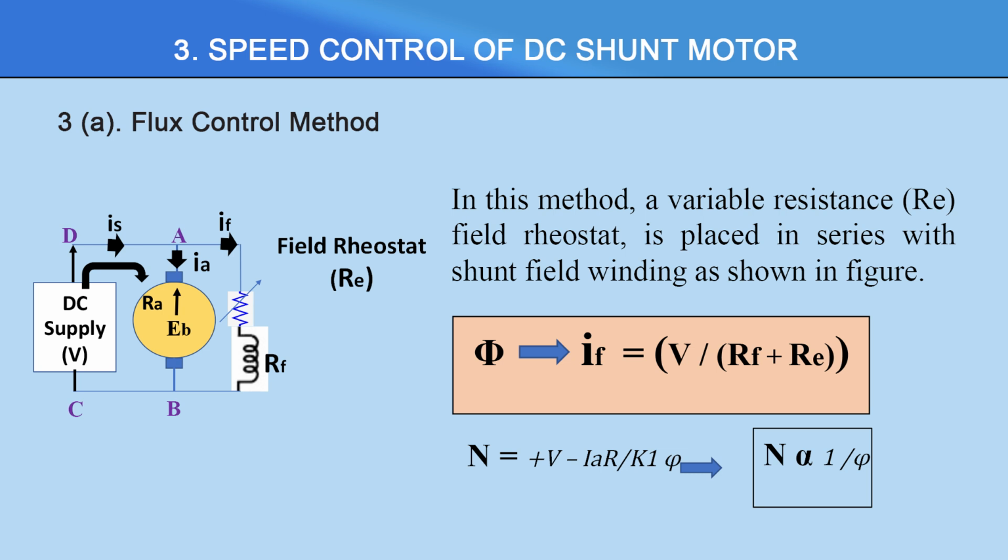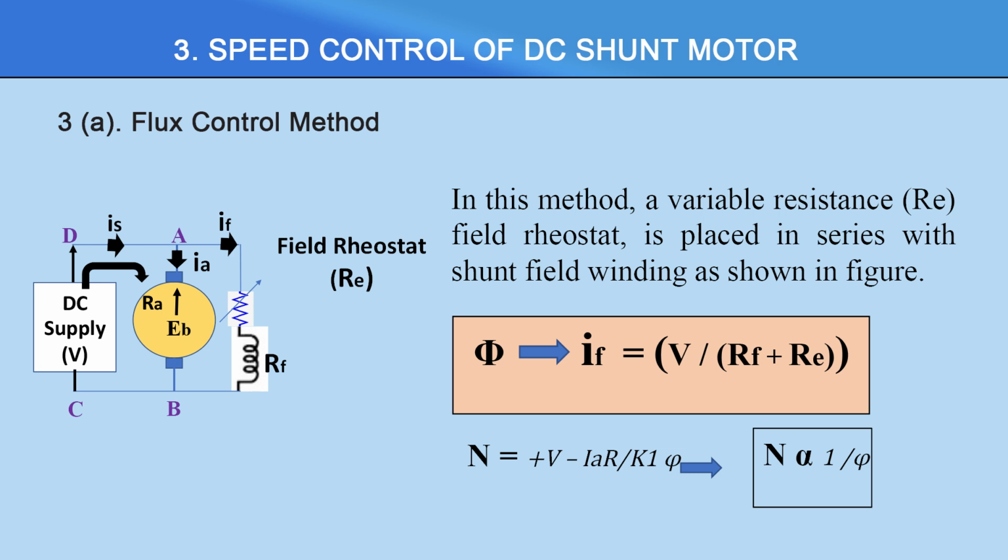The field rheostat RE, which is variable in nature, is connected in series with the field winding. And why is it connected? Because we want to vary the flux. In order to vary the flux, we need to vary the current flowing through the field winding.